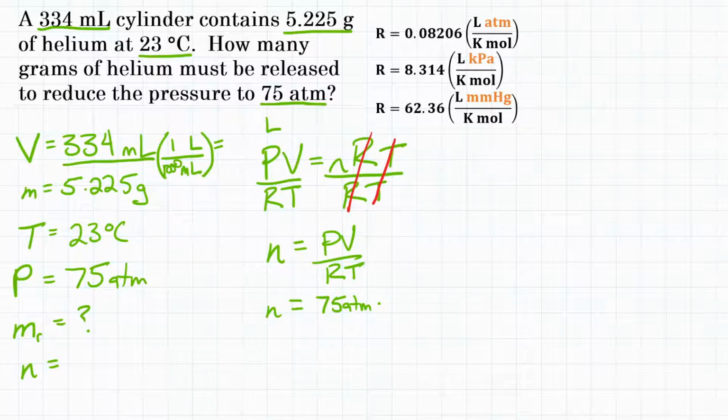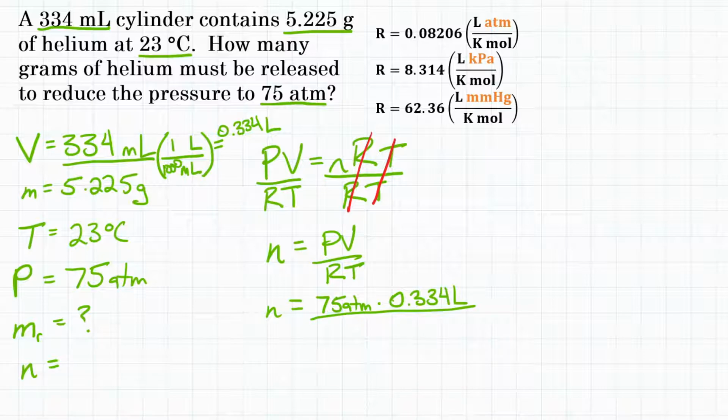So we're essentially going to take 334 and divide by 1,000, and that gets us 0.334 liters. So that's what we're going to use in our equation down here, 0.334 liters. Okay, and then divided by R times T.